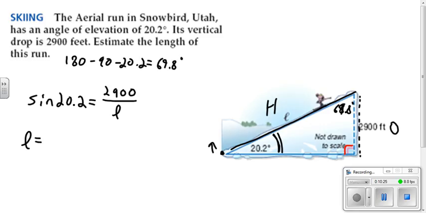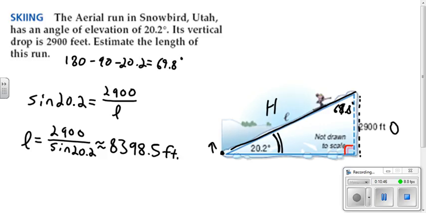So we'd be left with L equals 2,900 over sine of 20.2. If you plug that into your calculator, that should come out to approximately 8,398.5. In this case, we're specifically looking at feet. So that's quite a long hill. Should be pretty fun.